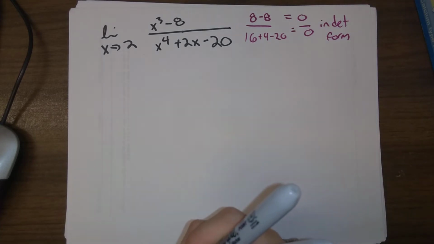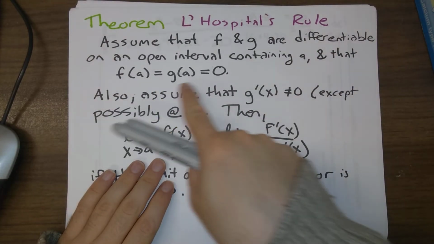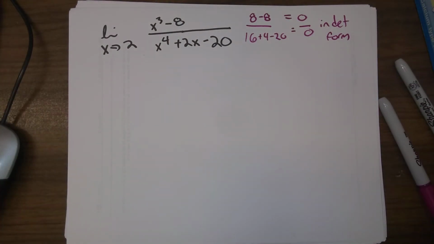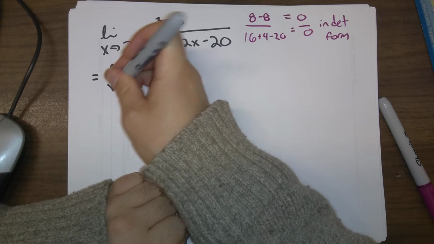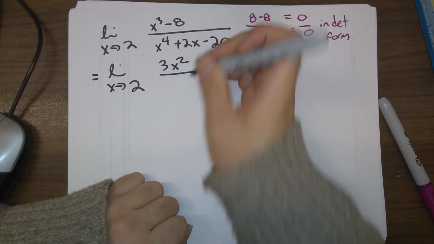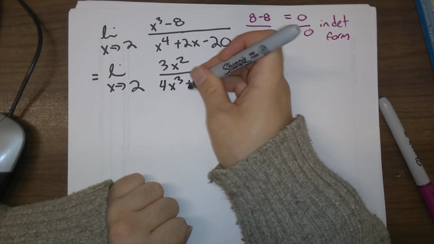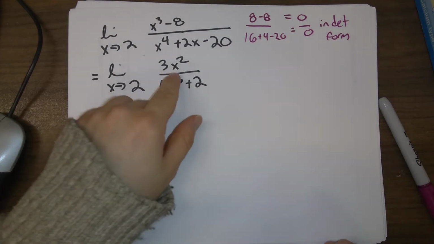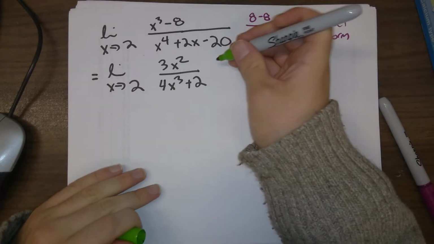In terms of what we're allowed to do here, everything's differentiable. The numerator and denominator are both 0. So let's go ahead and take the derivatives of the top and the bottom. The limit as x goes to 2 of 3x squared over, downstairs would be 4x cubed plus 2. And at this point, when we plug in 2, we don't get 0 over 0. We can just apply substitution.